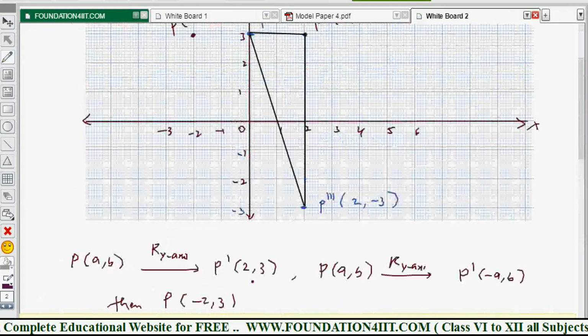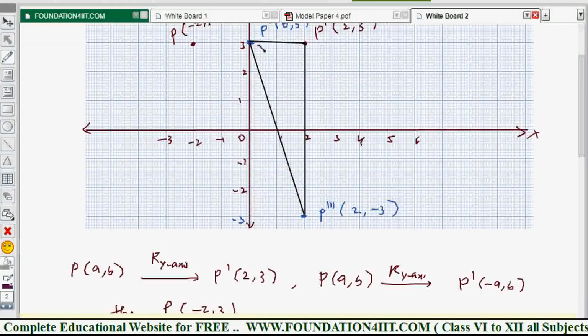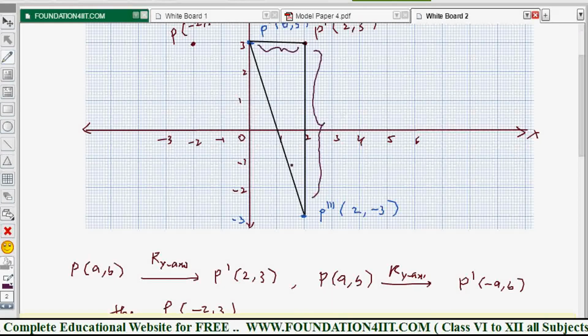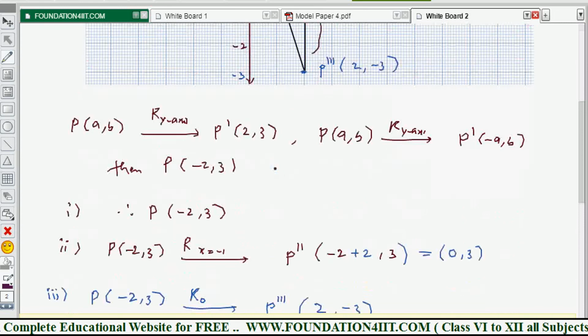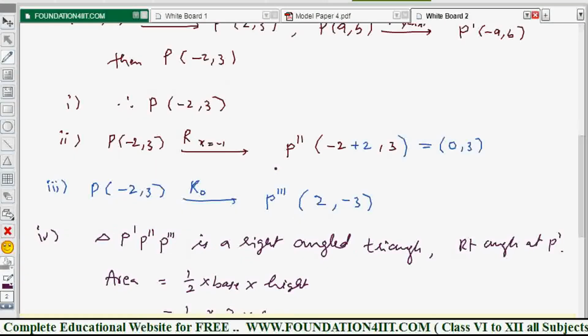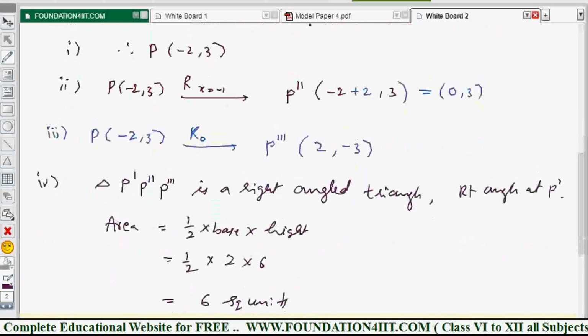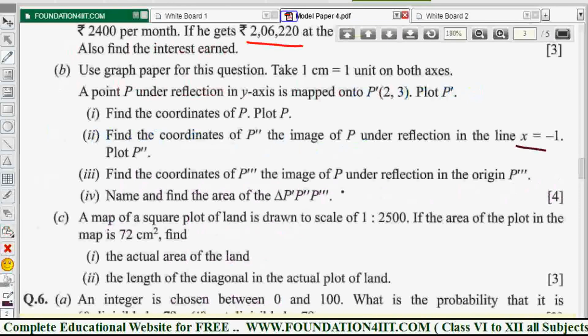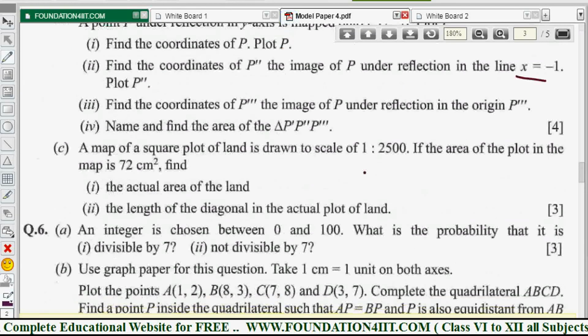So half into base into height. Base is this, and height we can take this total, that is 3 plus 3, 6 units. Okay. These are the solutions for this question. We can write like this. And area also asked, so area also we got 6 square units.